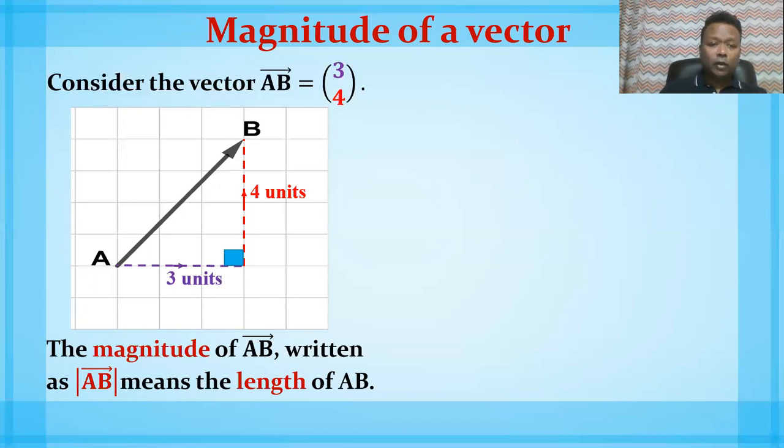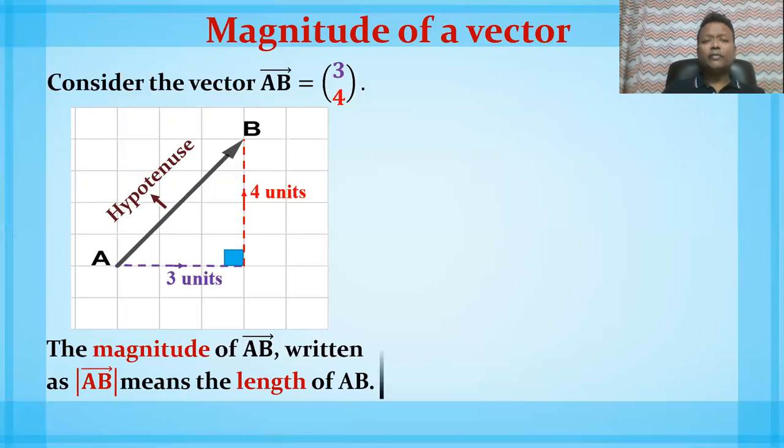Now, if we take the horizontal component, the vertical component, together with the directed line segment AB, we have a right angled triangle with AB opposite the right angle, which means AB is the hypotenuse of this right angled triangle. That is, AB is the longest side.